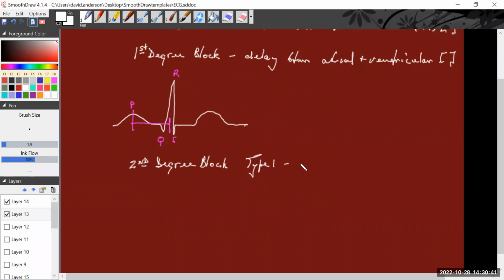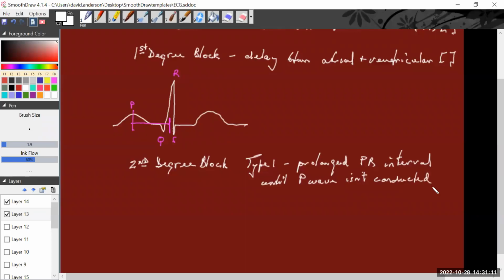So we'll write that down first. Prolonged PR interval. And sometimes that interval gets longer and longer and longer until we see a P wave doesn't conduct at all. Prolonged intervals until a P wave isn't conducted.